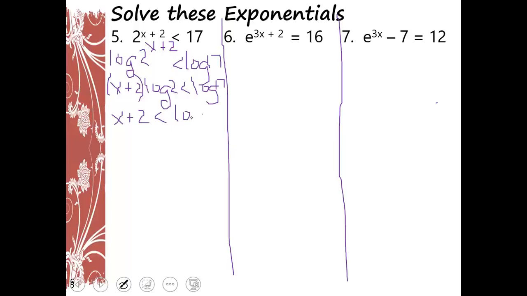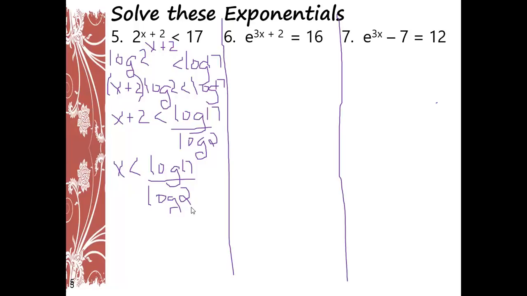And that gives me over here log 17 divided by log 2. Again, we're in base 10 here. And now x is less than log 17 divided by log 2 minus 2.